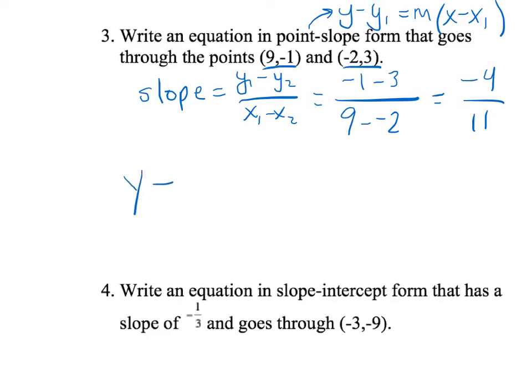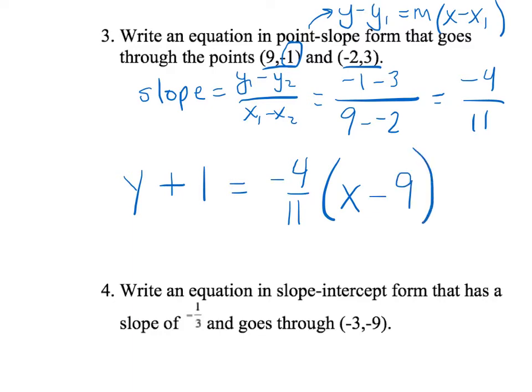Now we're going to put this into our point slope form, which is y minus, and we can use either of these points. I'm just going to use the first one. So y1 is negative 1. This can be written as plus 1 equals m, which is this guy over here, times x minus x1. Make sure that both of these parts come from the same point.